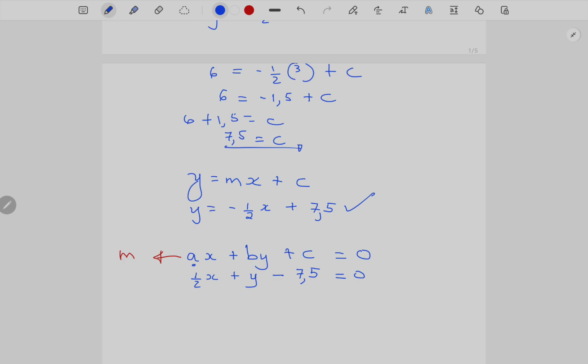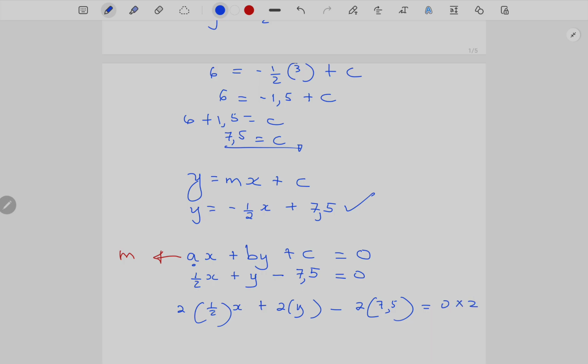Okay, so if we want to remove the denominator 2, we're going to multiply each and every term by 2. So we've got 2 times 1 over 2 x plus 2 times y minus 2 times 7,5 is equal to 0 times 2.